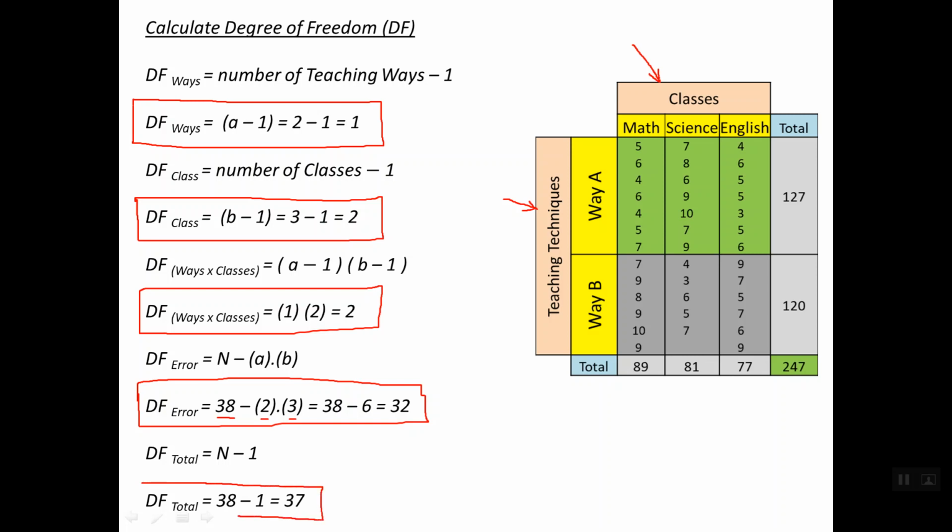There is another way to calculate the total degree of freedom, simply by summing up the degrees of freedom for all. So we have here 1, 2, 2, and 32. So the total is simply 37.